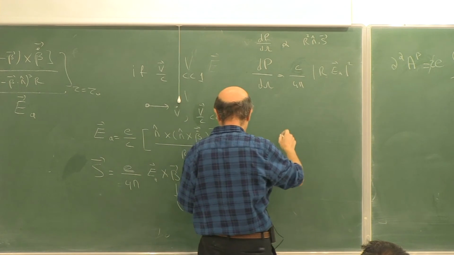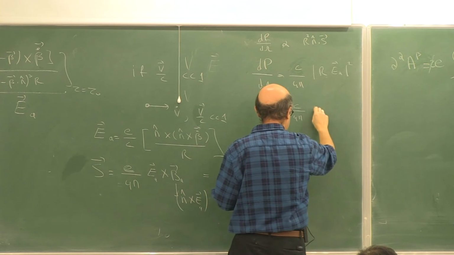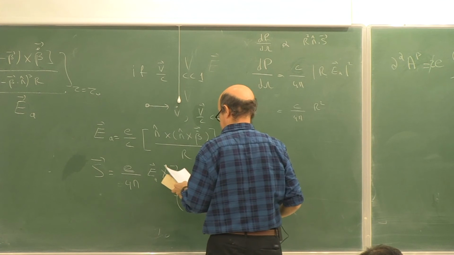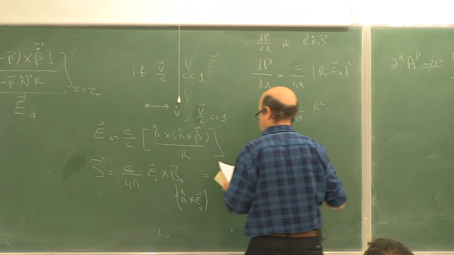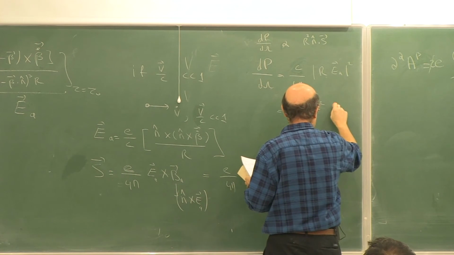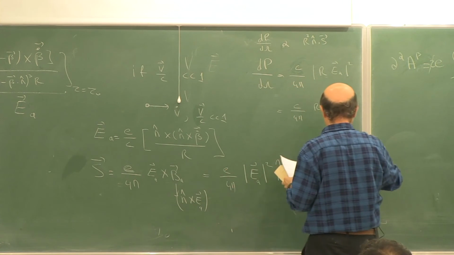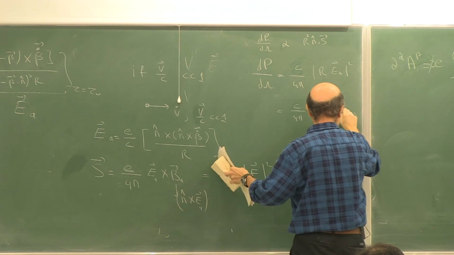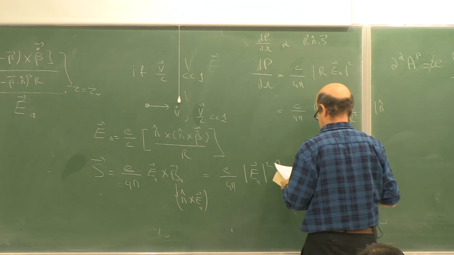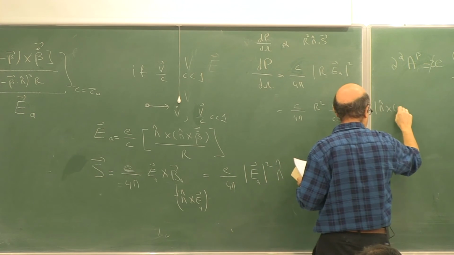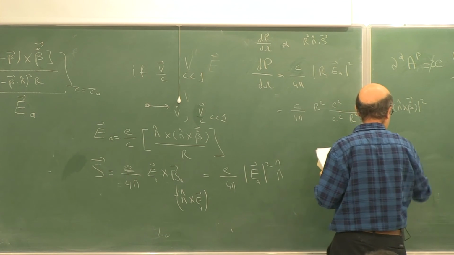So that will be the following: C over 4 pi R squared, and the amplitude squared of the electric field will be E squared over C squared over R squared, n cross beta dot, squared.